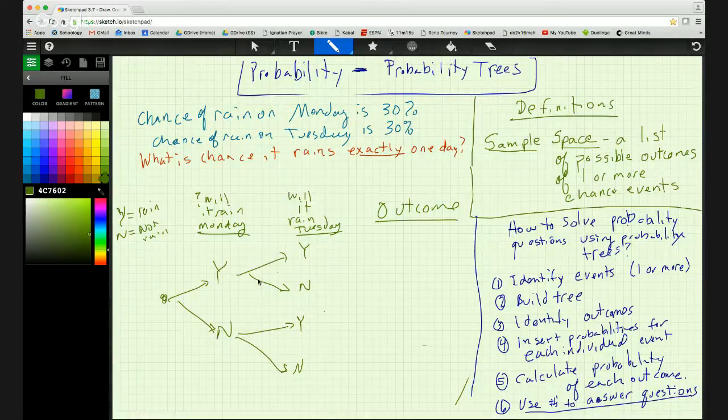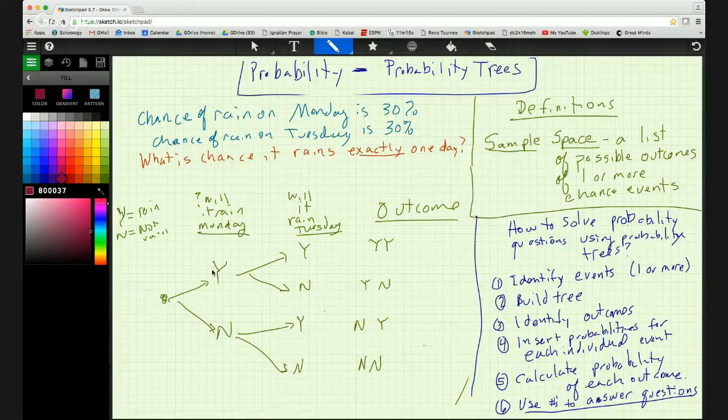Notice when we have two chance events with 2 outcomes each, you're always going to get 4 things. Basically, you're going to multiply those 2 numbers. Okay, so the outcomes here are yes rain, yes rain; yes rain, no rain; no rain, yes rain; no rain, no rain.